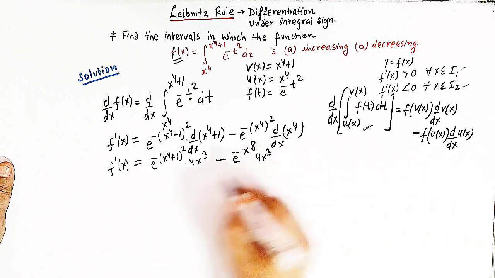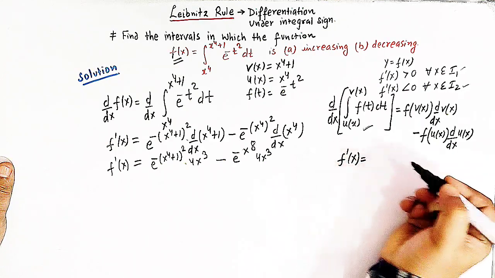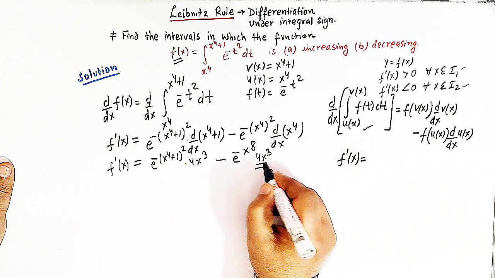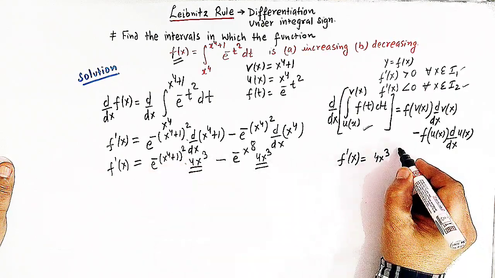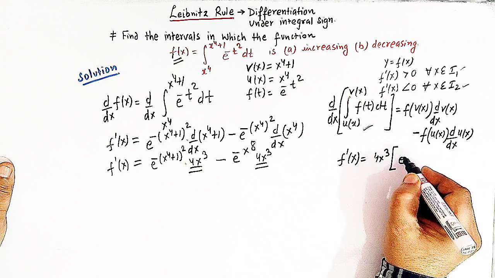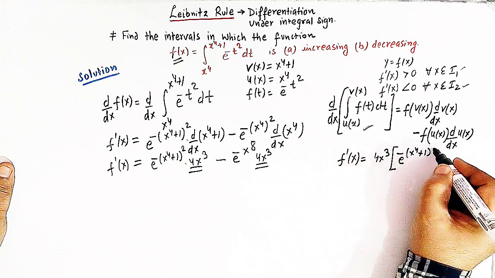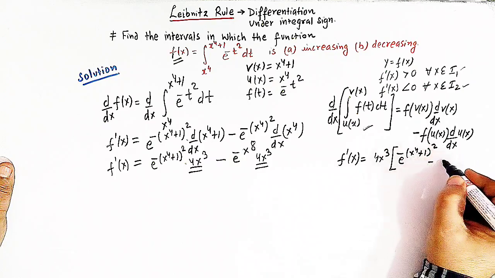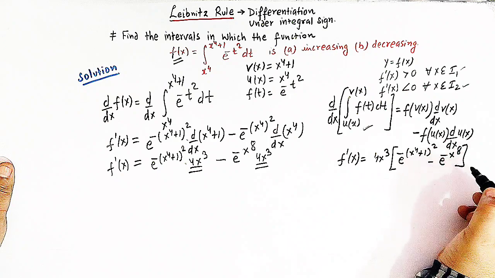So now the derivative, that is f prime of x, can be written as, we can take 4x cube common, so we have 4x cube, and then we have e raised to minus x raised to 4 plus 1 square minus e raised to minus x raised to 8.